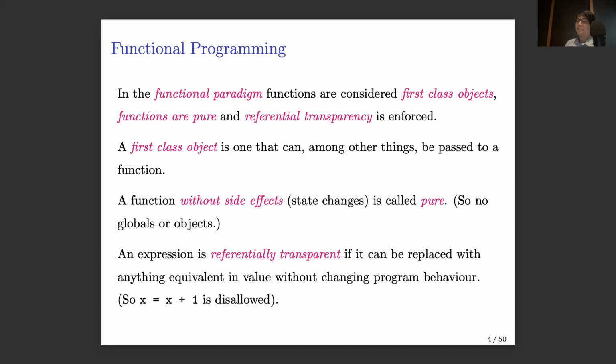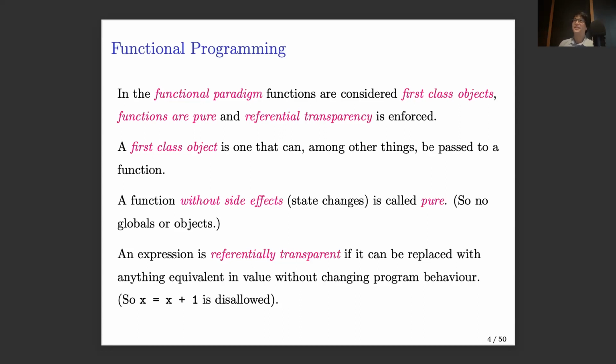A function without side effects means that you can't trigger state changes with your functions. So this means globals are out of the question. Objects are out of the question, because these are all state-based ideas. A mathematical function is not context-aware.